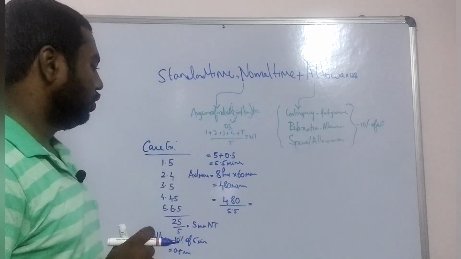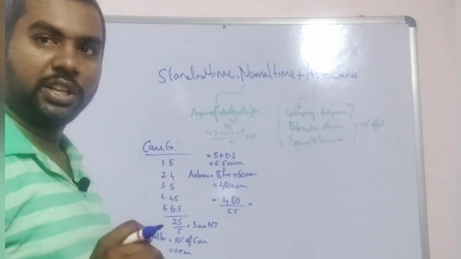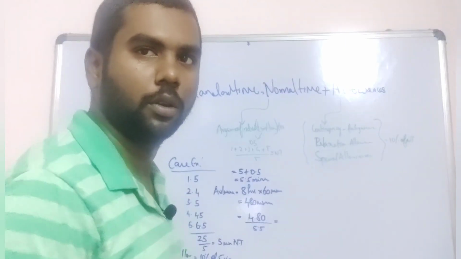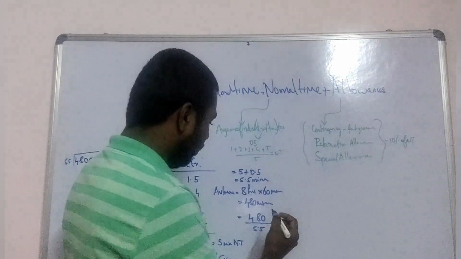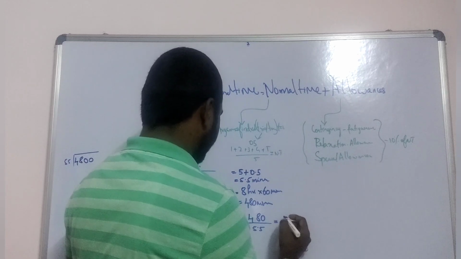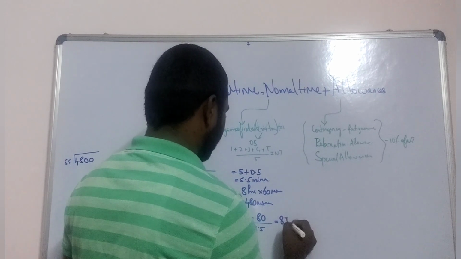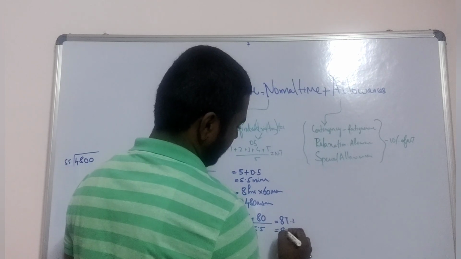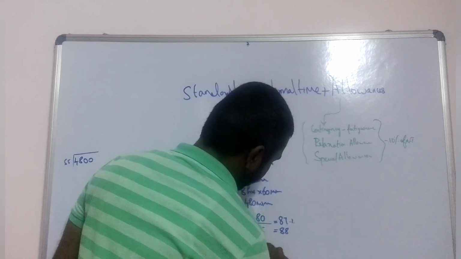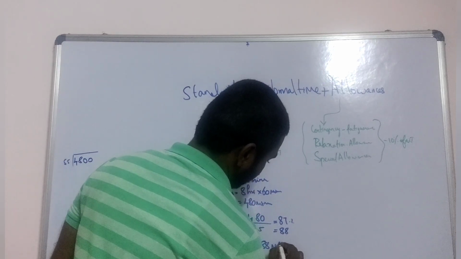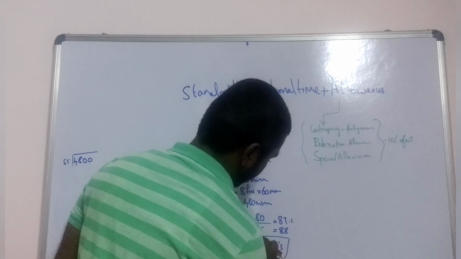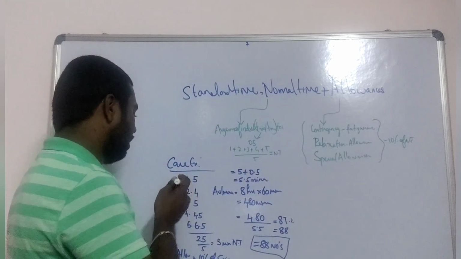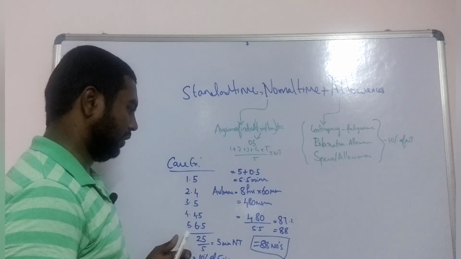This gives you 87 point something, which is approximated as 88. So 88 is the target production for a shift for the phasing operation, calculated with the standard time.